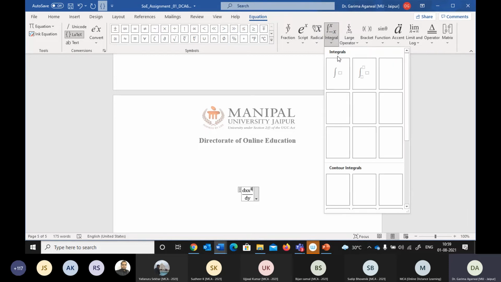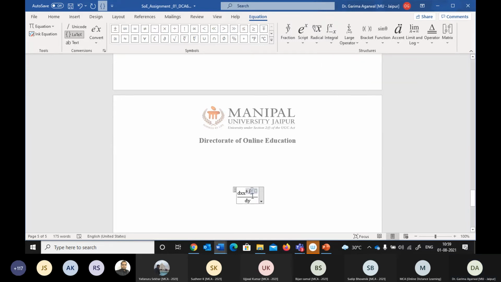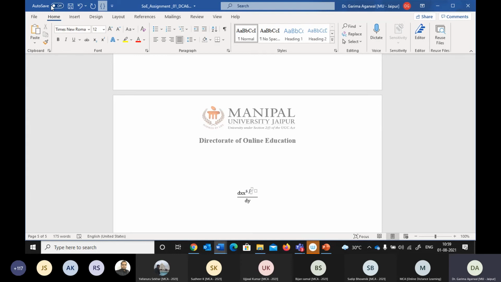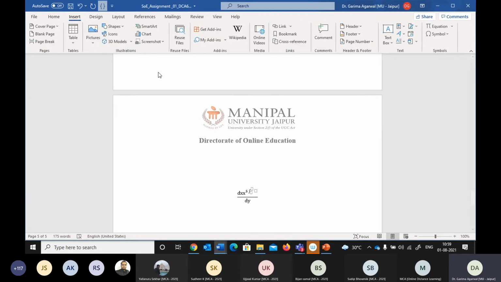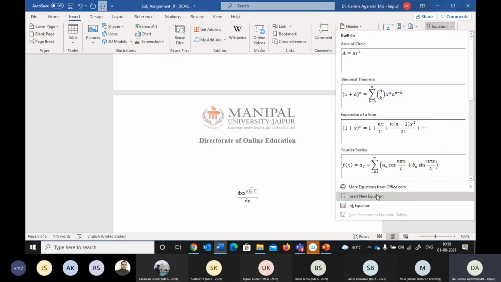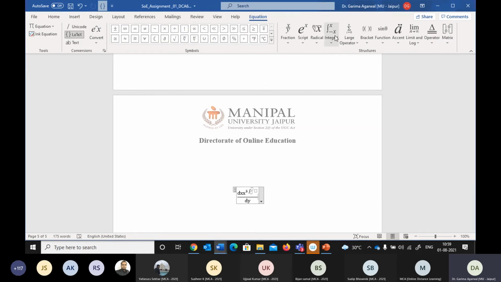If you want to write integration, you can use this tab. Again I'll take the next new one: insert equation, insert new equation, then integration.